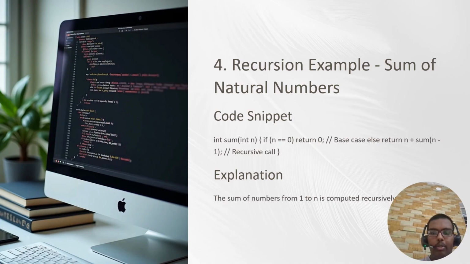Now how exactly to do a sum? Here is the code just for the recursion, which will be added after the main, and the function will be called in the main function. int sum(int n), where n is the integer. Now if n is equal to 0, return 0.